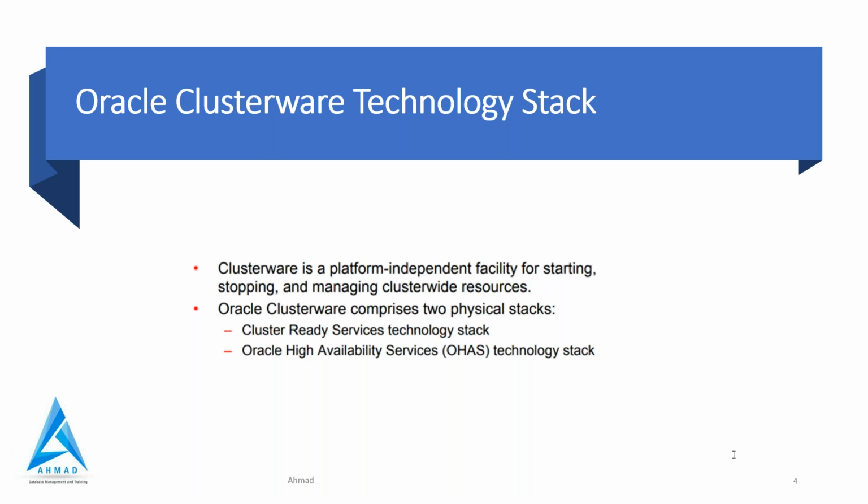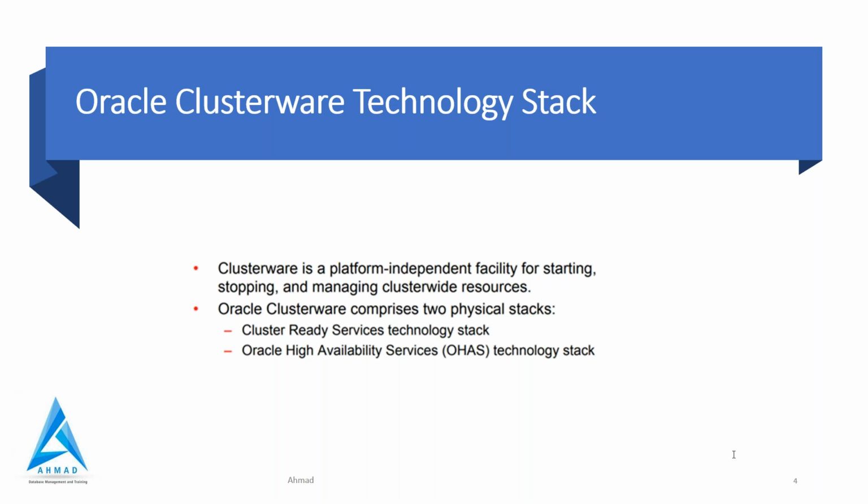Basically, in Oracle Cluster we have two separate stacks. One is the upper stack, which is the CRS daemon. You can call it CRSD, and the full form is Cluster Ready Services Daemon. The lower stack is called OHASD, Oracle High Availability Service Daemon.